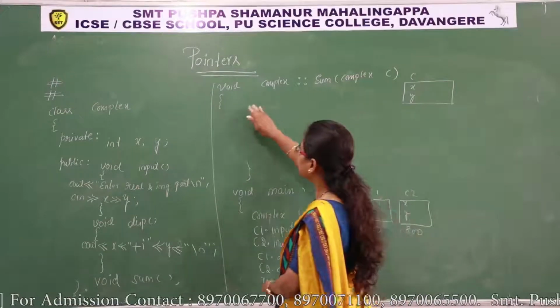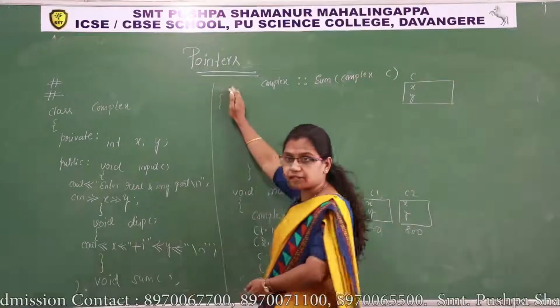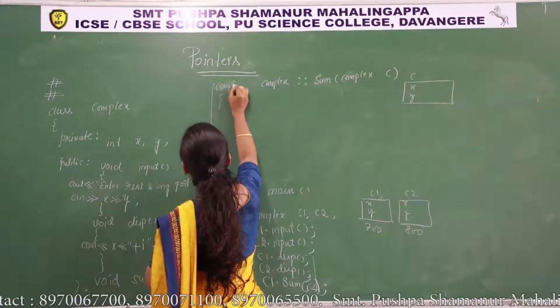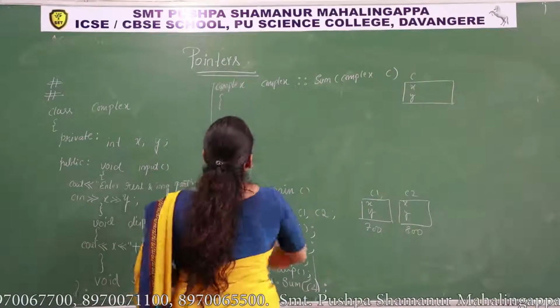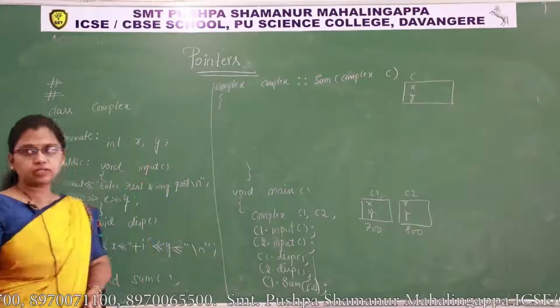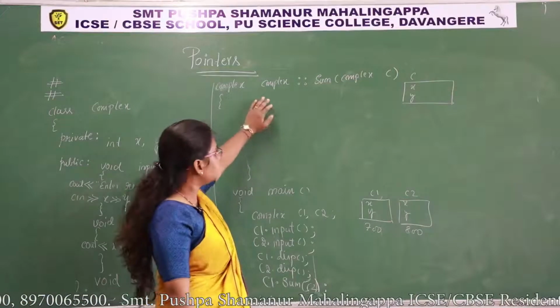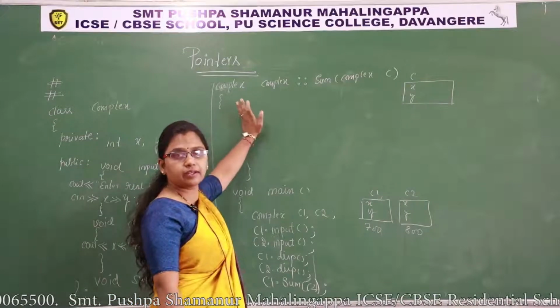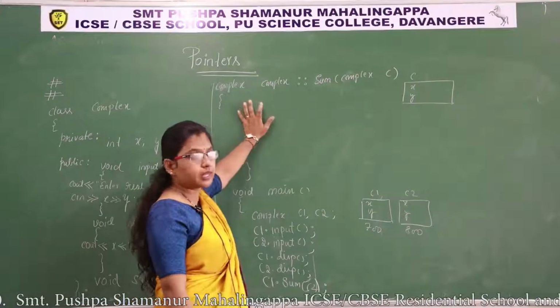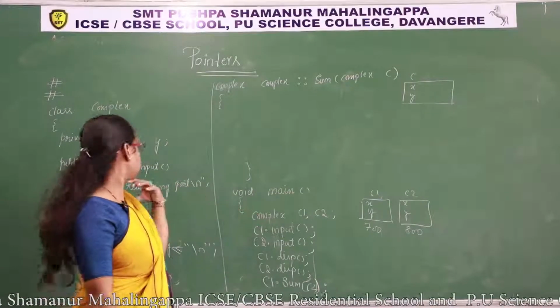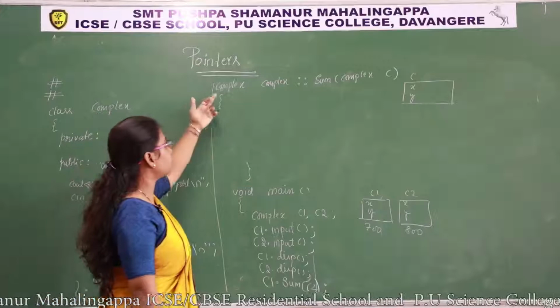That's why instead of void, I have to write the return type specifier as complex. I hope you understood why I am writing complex here, because that function returns a complex type value. Addition of two complex numbers again will be a complex number. That result is returned from this function to this function. That's why the return type specifier is complex.